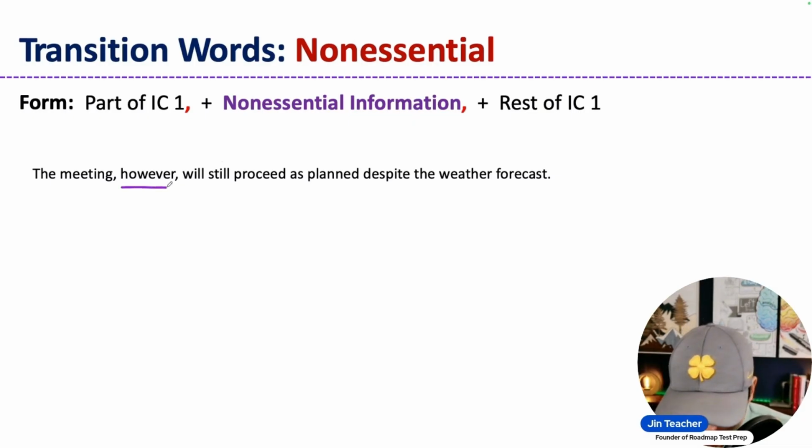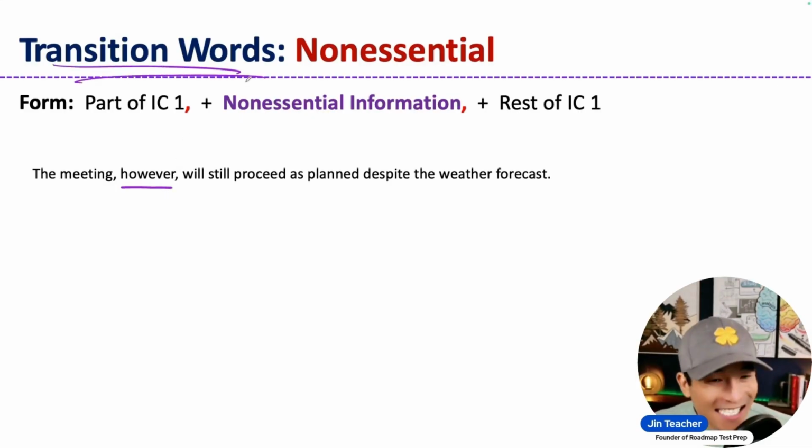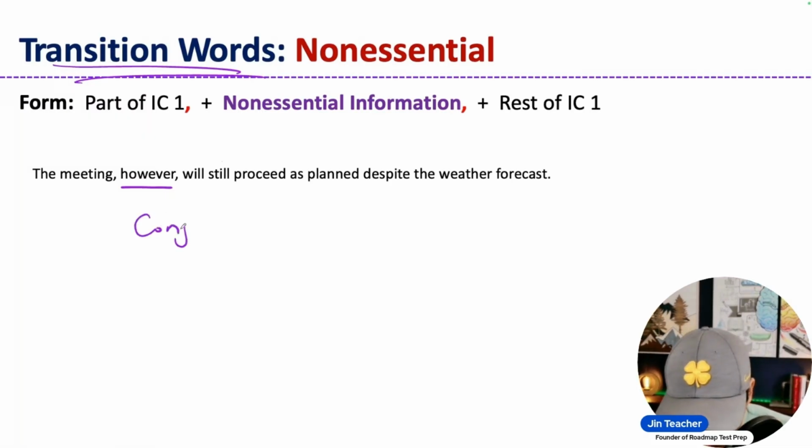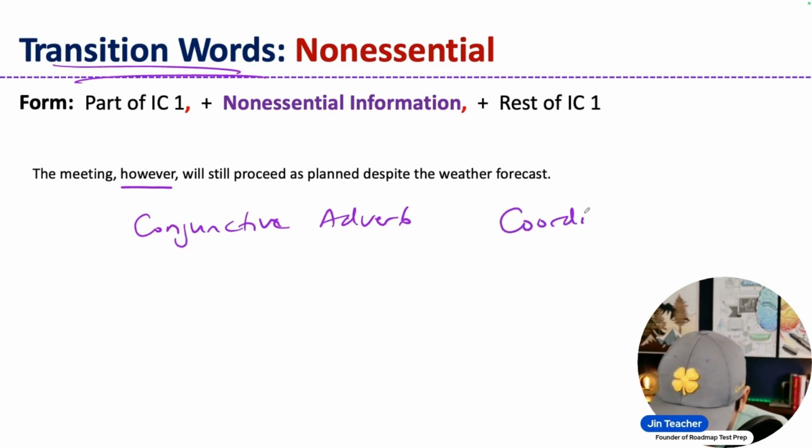Okay, so underline this word however here. This however is going to be that transition word that I'm talking about. Now this type of transition word, you guys, is called a conjunctive adverb. This is a good term to know. A conjunctive adverb is different from a coordinating conjunction.